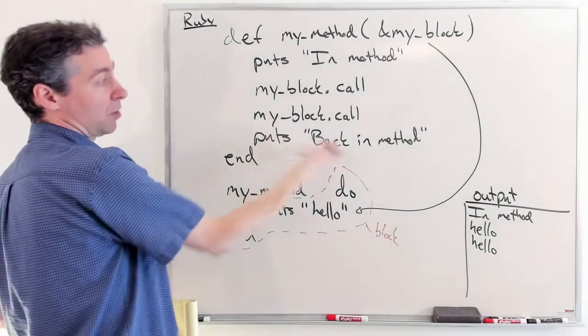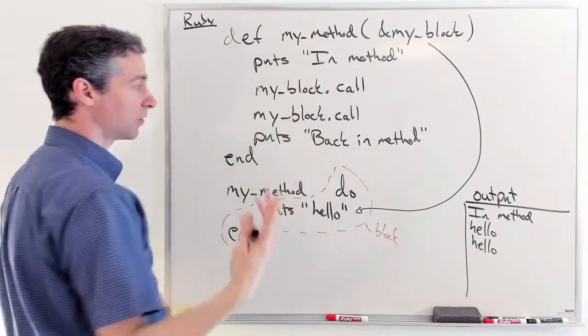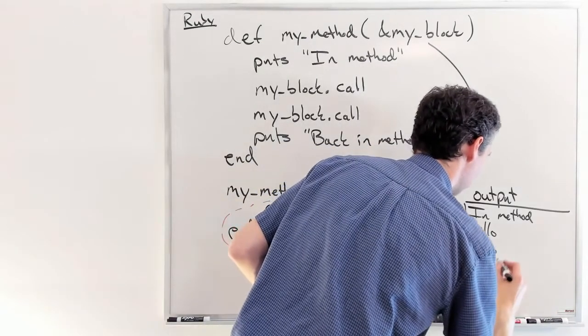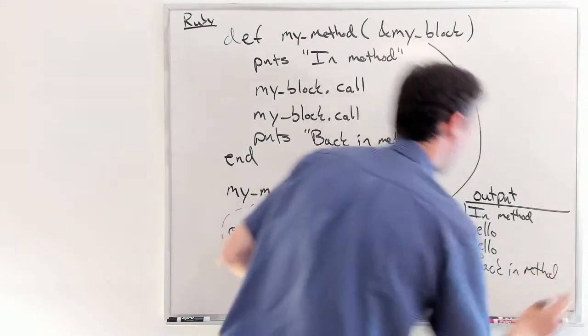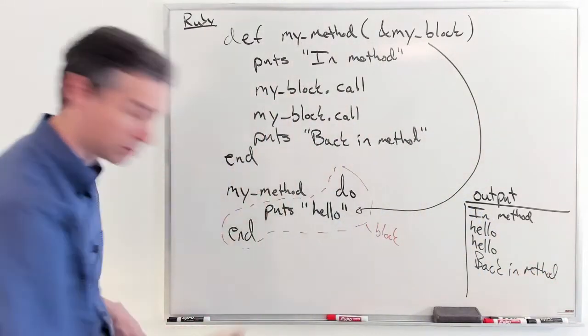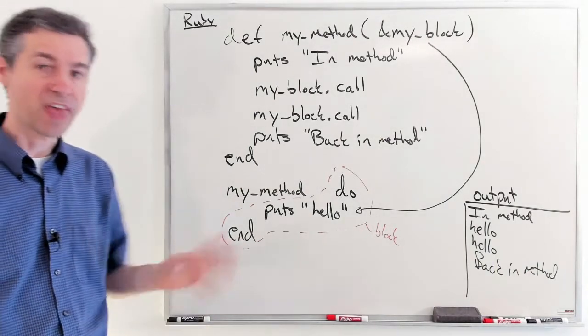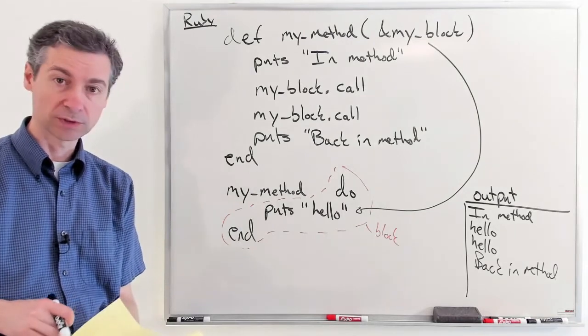We're back in the method because this is kind of like leaving to go do another function, and then we're back. All right, and so now we're back in the method, or we're at the end of it, whatever you want to say. And then that's done, and then the code continues on from here, okay? That's the real basic nature of a block.